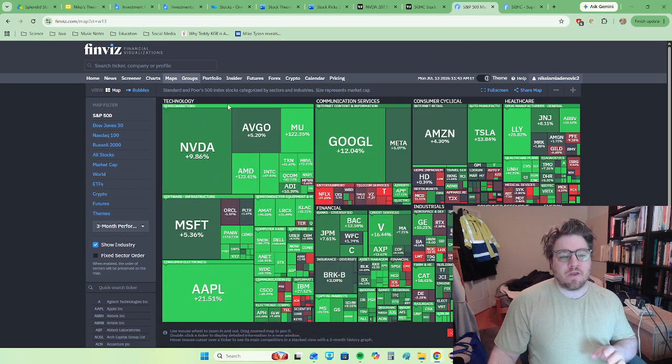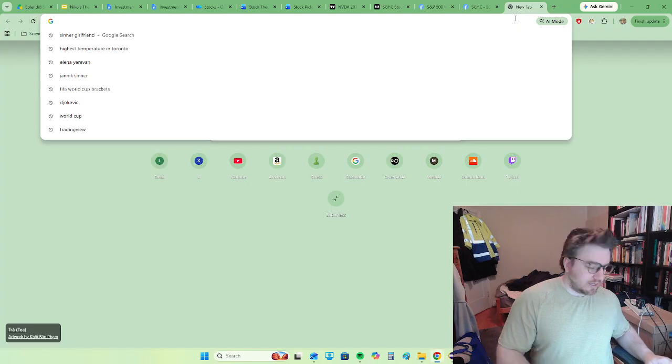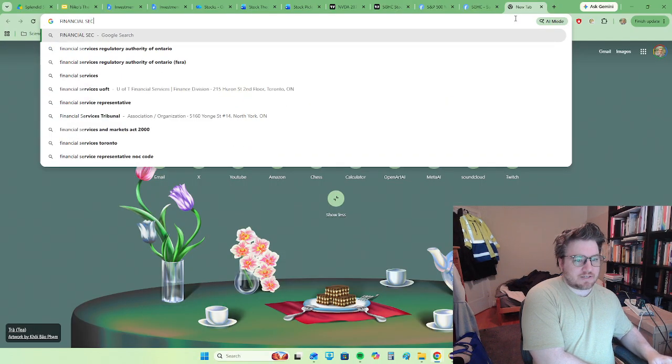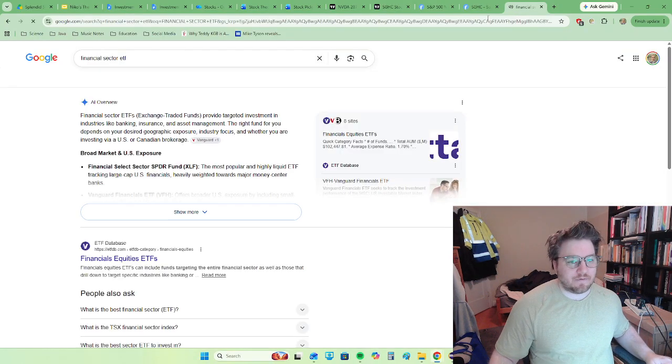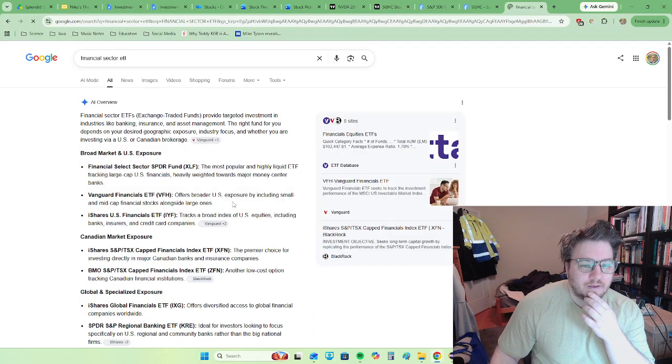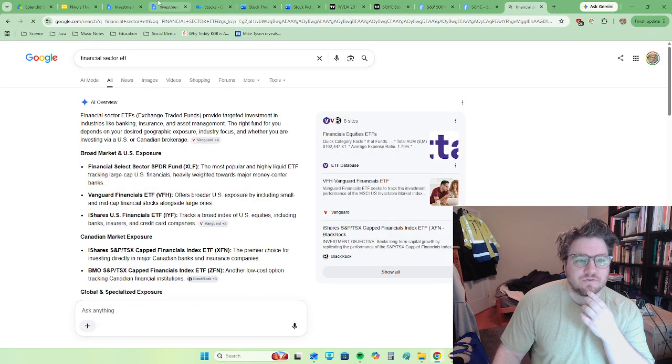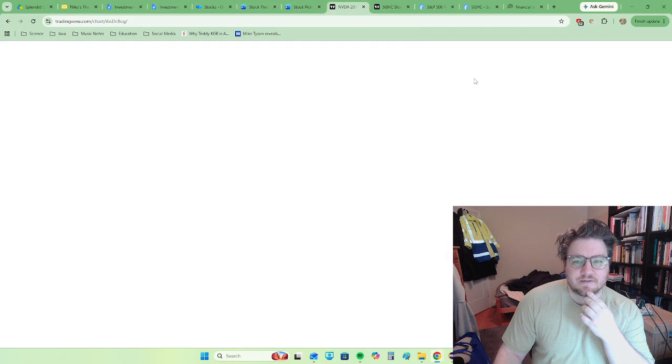This is a 3-month heat map. So let's look at a financial sector ETF, XLF. So let's add that.